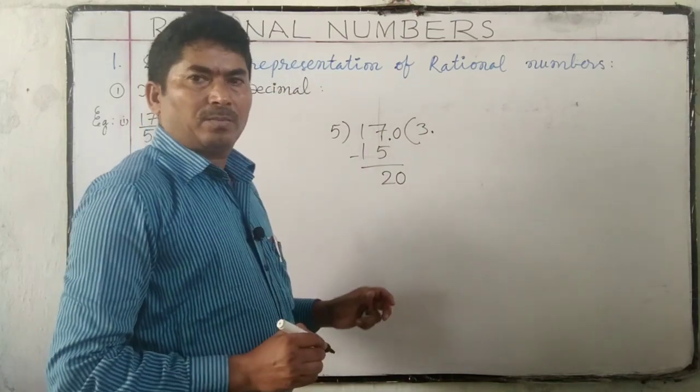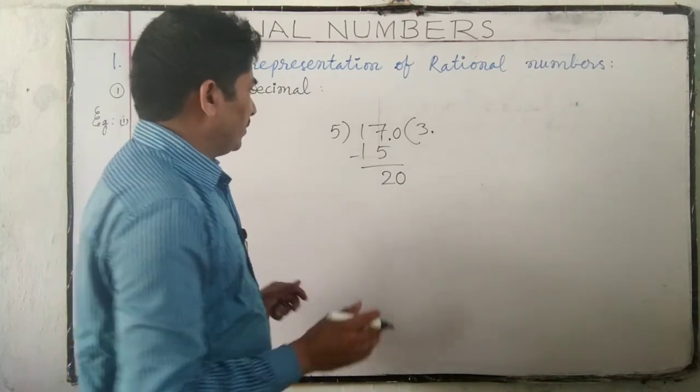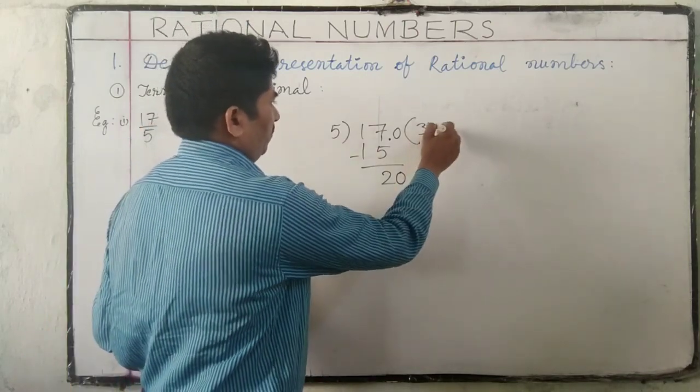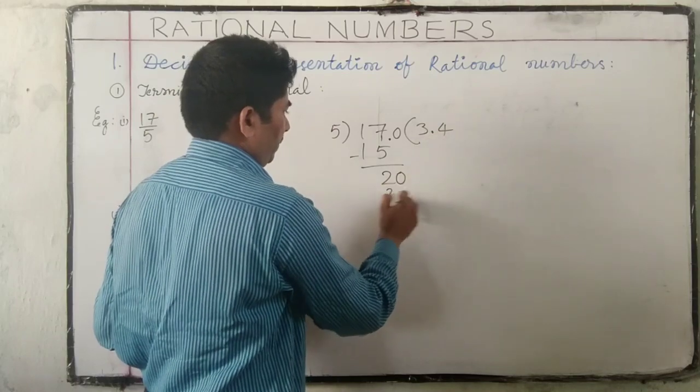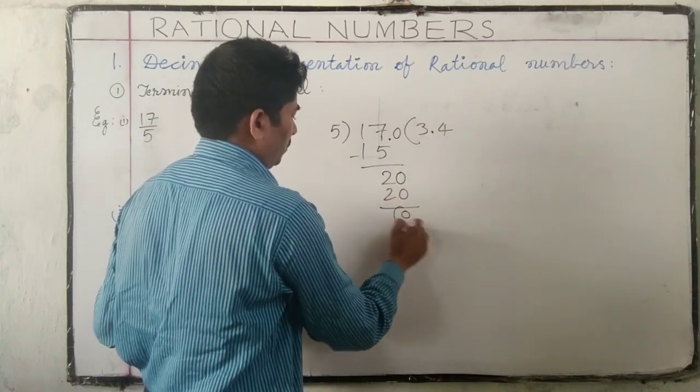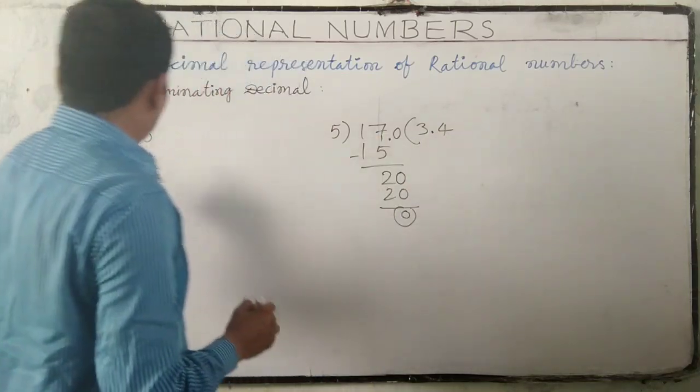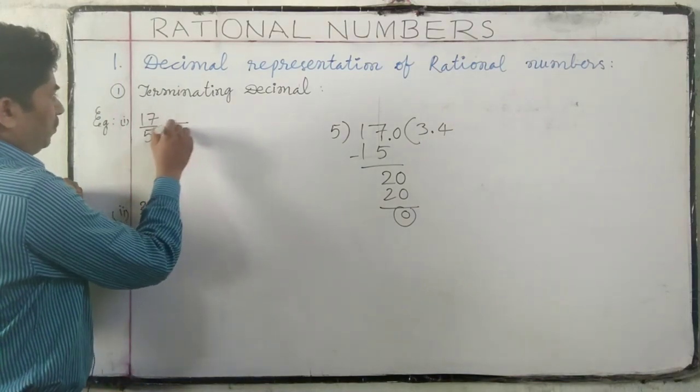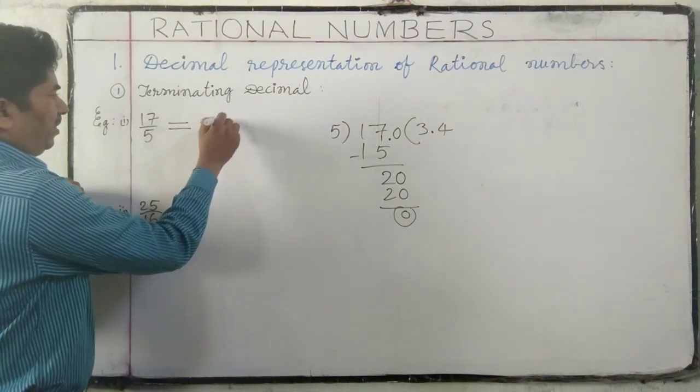Now continue the division. 5 fours are 20, remainder 0. So 17 by 5 is equal to 3.4.